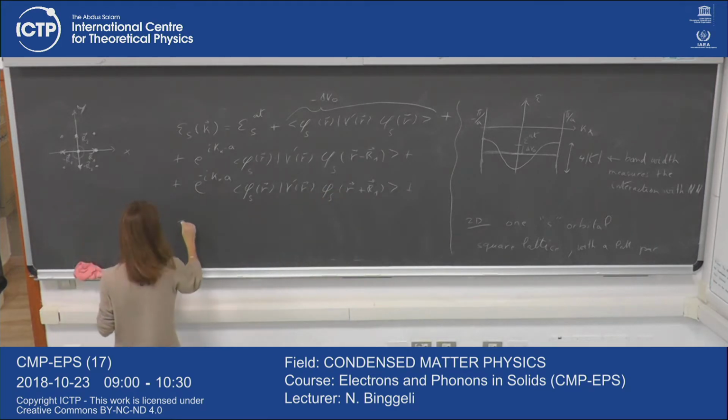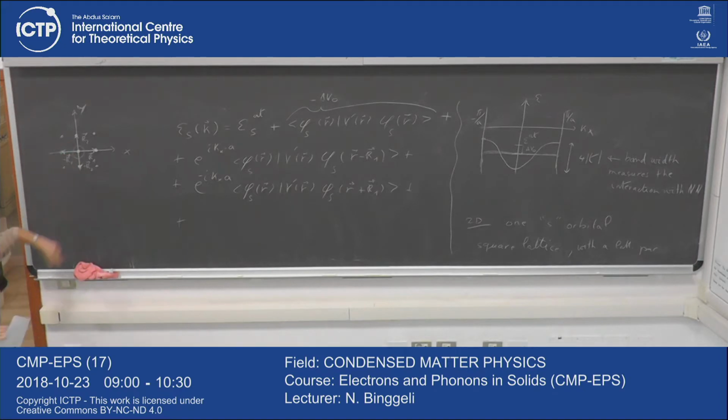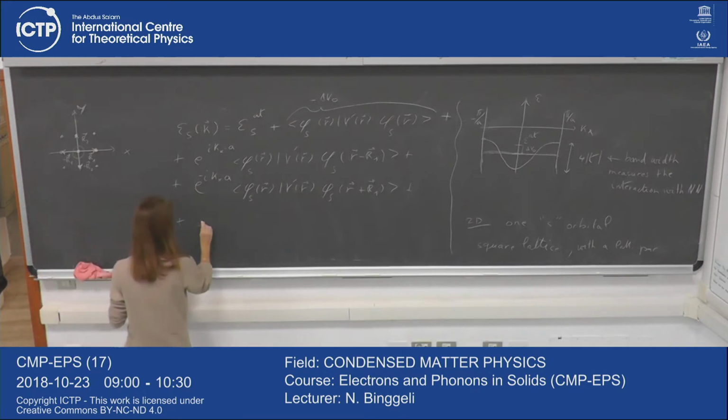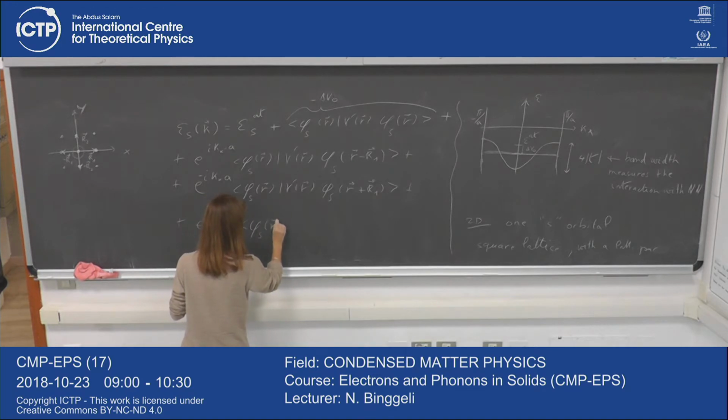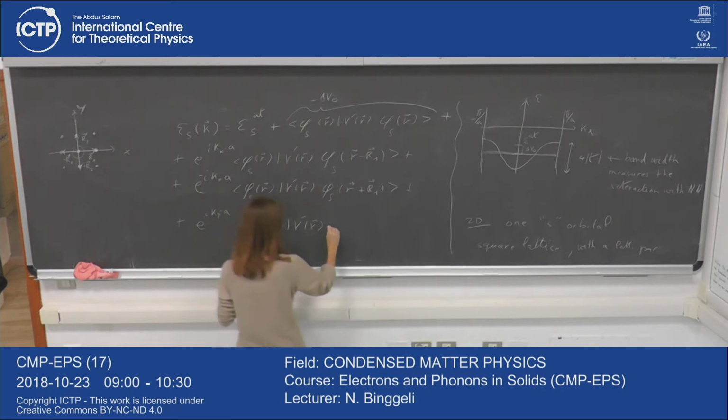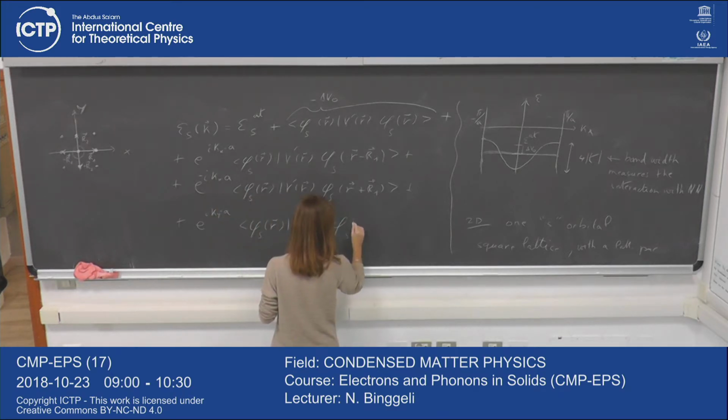Then for R2, it's going to be exponential i ky times A. And then the matrix element is this one times phi S of R minus R2.